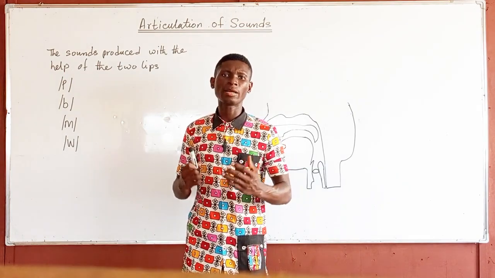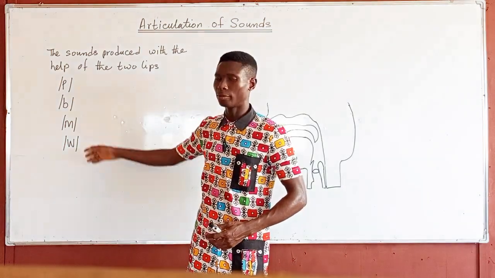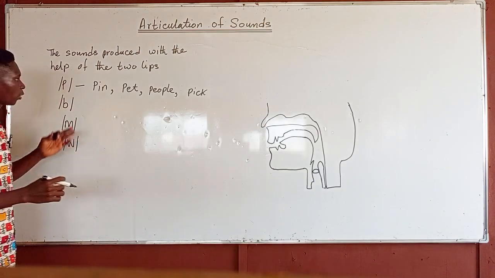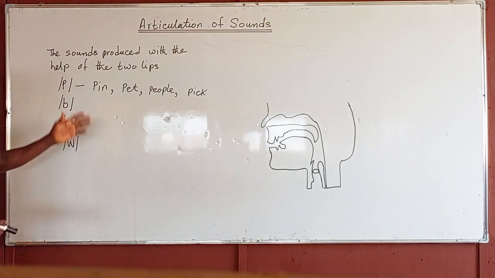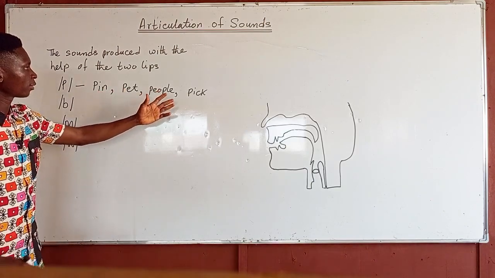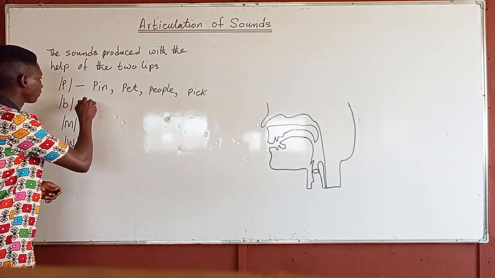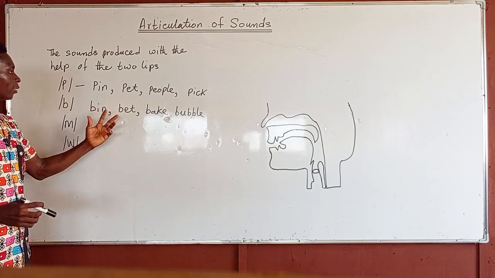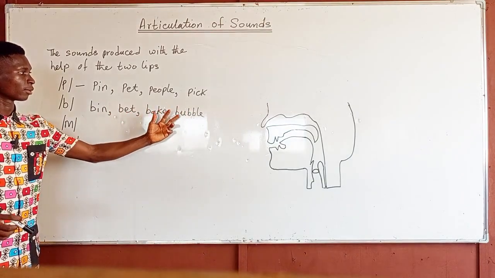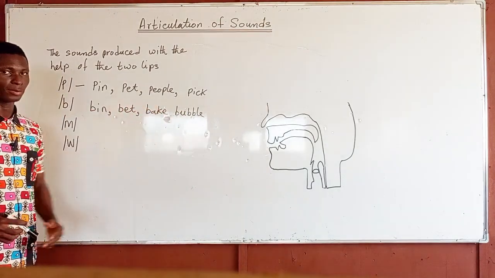Now let's look at word examples, that is words with these sounds, ranging from the p sound. So we have pin, pet, people, pick. Also the b sound can have bin, bet, bake, bubble.